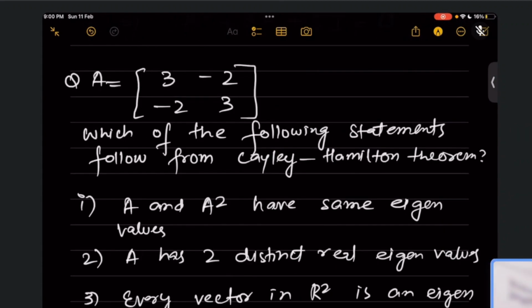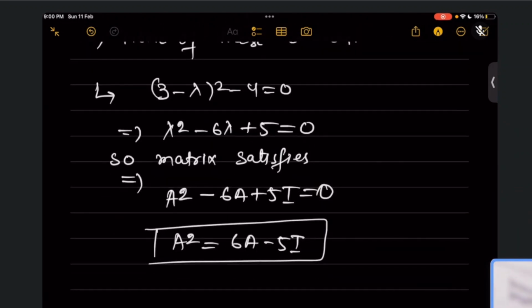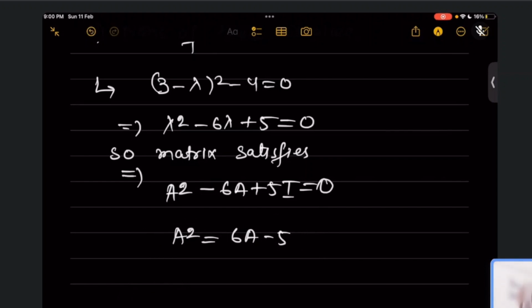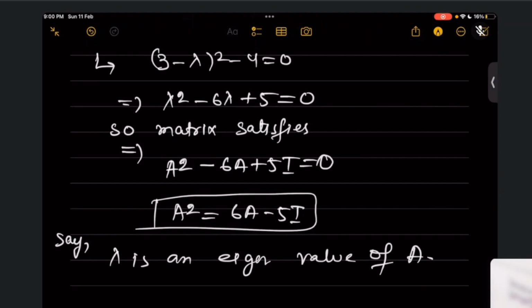Now look at the first statement. It is telling A and A square have the same eigenvalues. So we have to check if this statement is correct or not. For A, what is the eigenvalue? Say lambda is an eigenvalue of A. What does that mean?